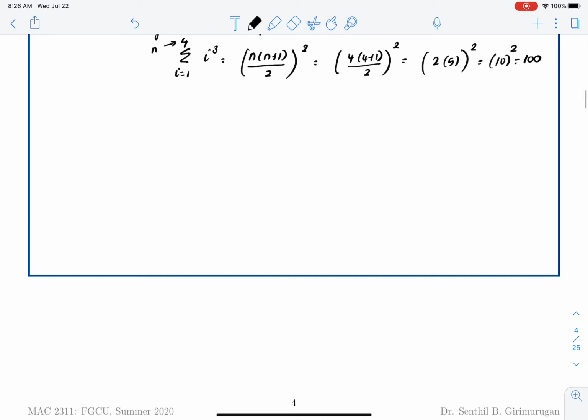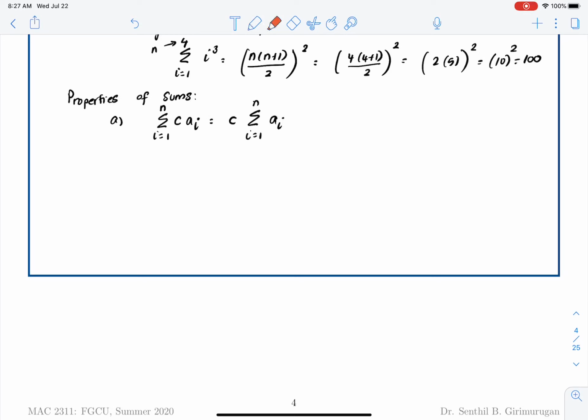There are a few properties of sums also. Sum i equals 1 to n, some constant multiplied by a_i, would mean we can pull the constant out and simply sum a_i.